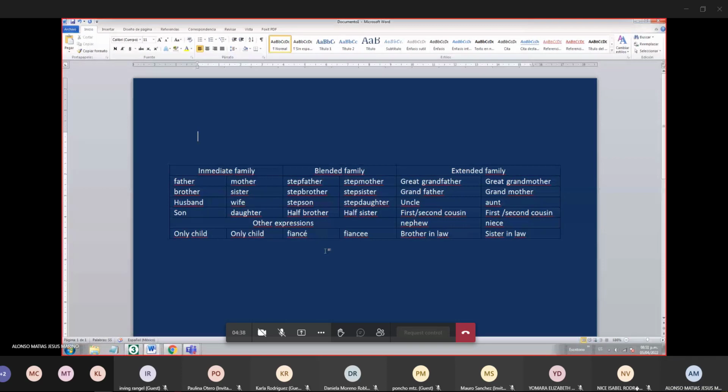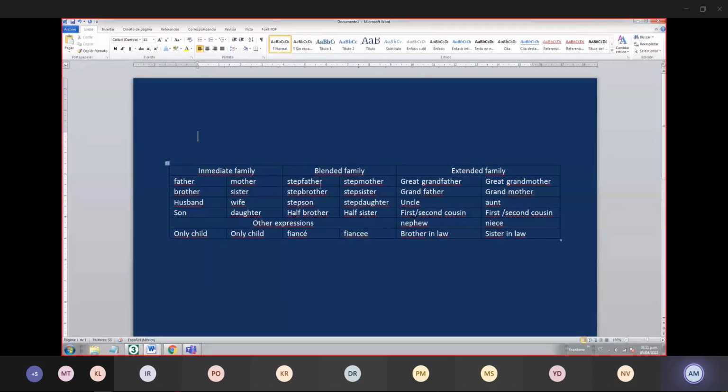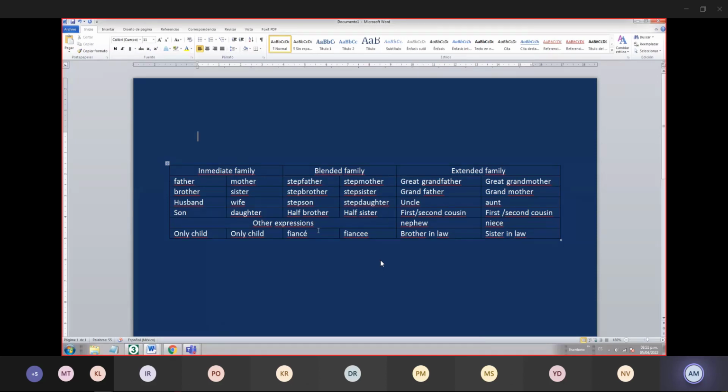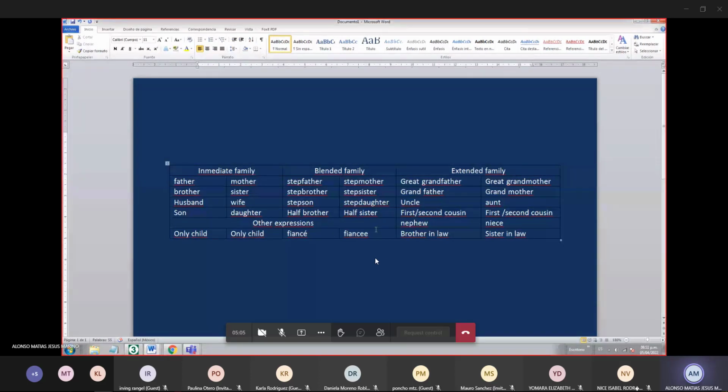So stepfather, stepbrother, stepson, half-brother, and fiancé are masculine expressions. A stepmother, stepsister, stepdaughter, half-sister, and fiancée are feminine expressions within the blended family.